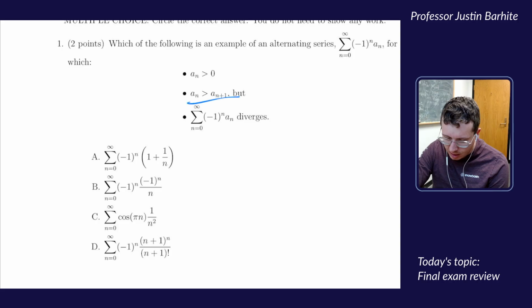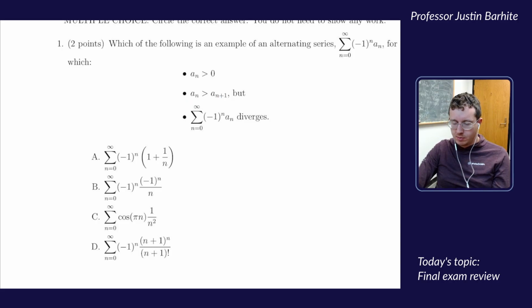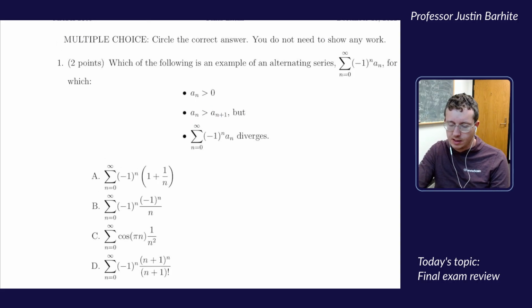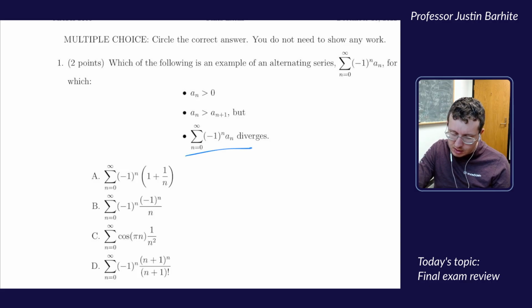And then AN is greater than AN plus 1, meaning that the terms are decreasing in magnitude. And then the alternating series diverges.